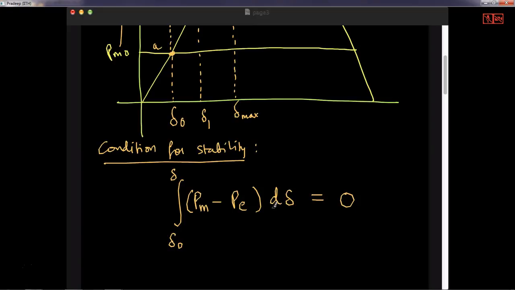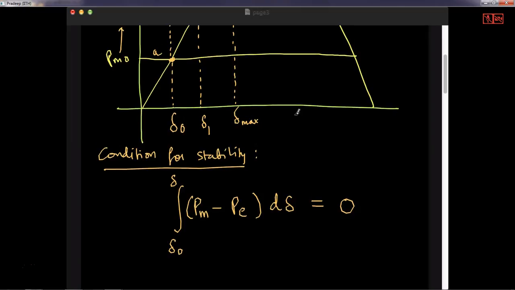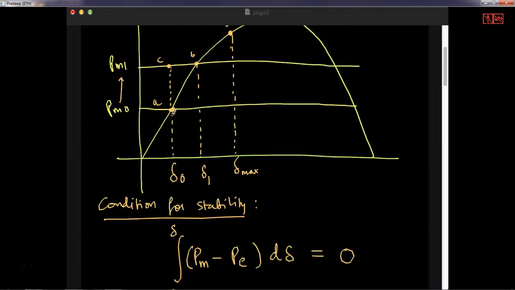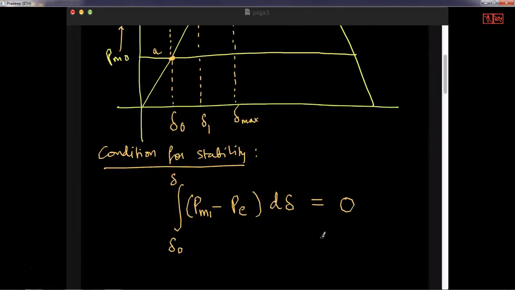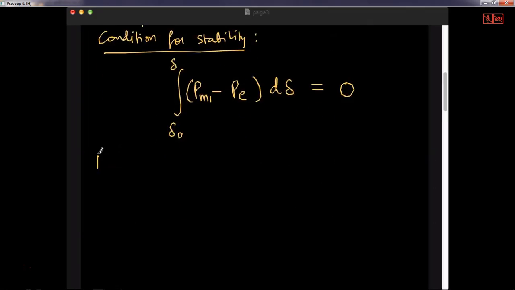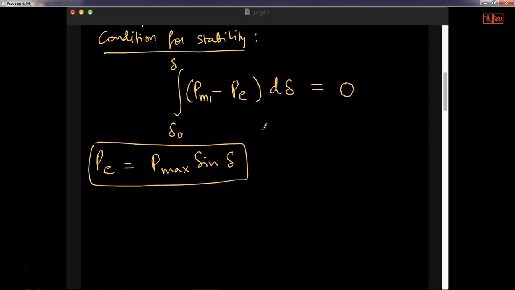Now, what is Pm? In our case, right at the beginning I am considering a step input, so I will put Pm1 here. Now what is Pe? Pe is the electrical power. We just derived that it is Pmax sine delta. If I substitute that, I'll get an expression like this.